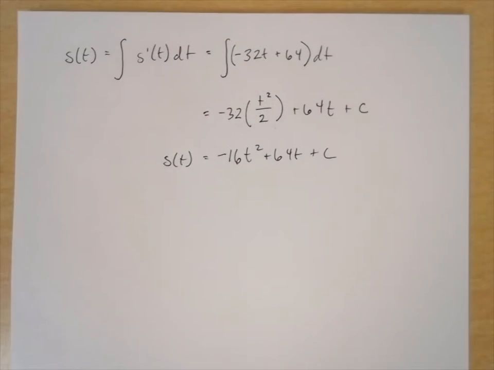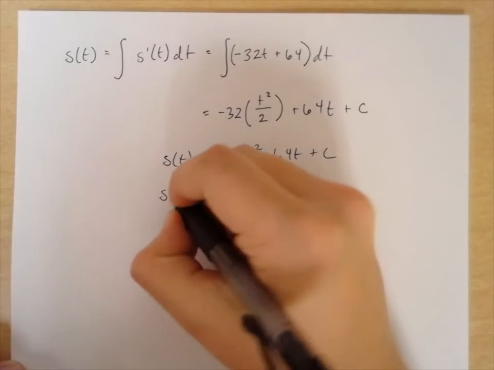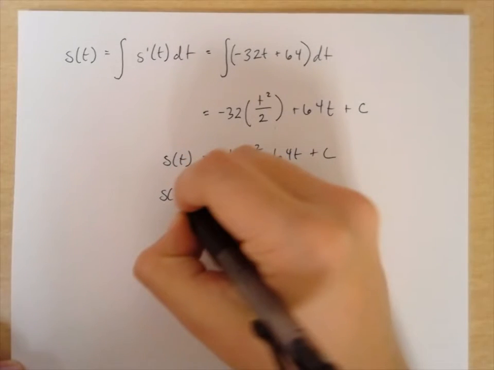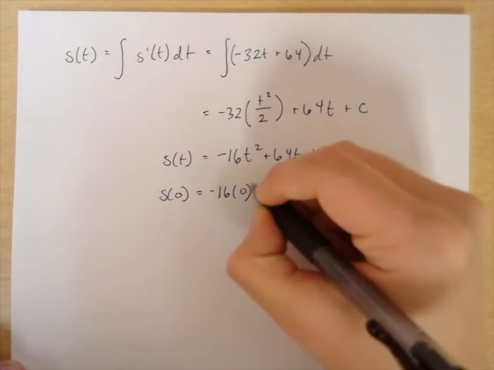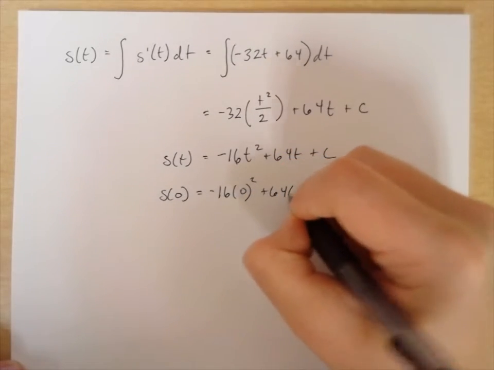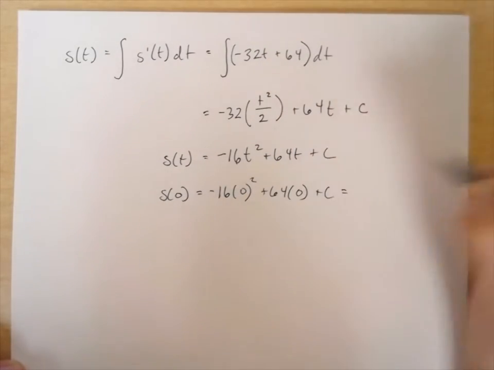However, that's not entirely helpful. What I need to do is use my initial condition, which was s of 0, the position function at 0, was 80. So I'm going to set that up. S of 0, so negative 16 times 0 squared, plus 64 times 0, plus c equals 80.